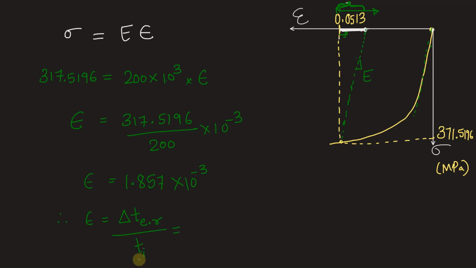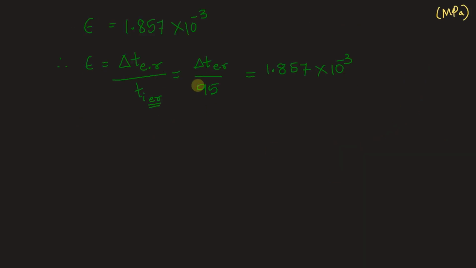Now this time, this initial will be for the elastic recovery. So when the elastic recovery happens, the initial is 95 and we need to find out the change in thickness. Will be equal to the strain, which is 1.857 into 10 to the power minus 3. Therefore, the thickness that is recovered due to the elastic recovery will be 95 into 1.857 into 10 to the power minus 3.